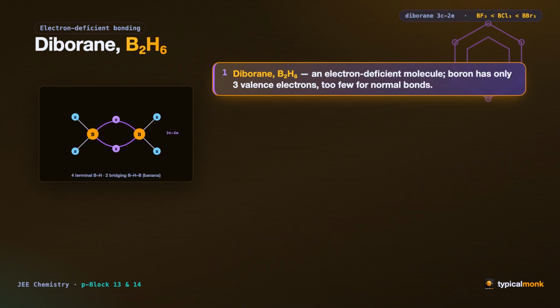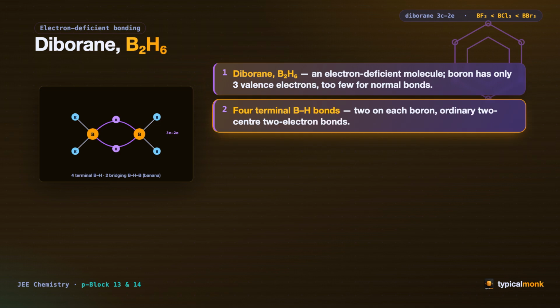Now, look at the picture. Diborane, B2H6, the classic electron-deficient molecule. Boron has only 3 valence electrons, too few to form normal bonds to all 6 hydrogens. The 4 terminal B-H bonds, 2 on each boron, are ordinary 2-center 2-electron bonds, just as you would expect.